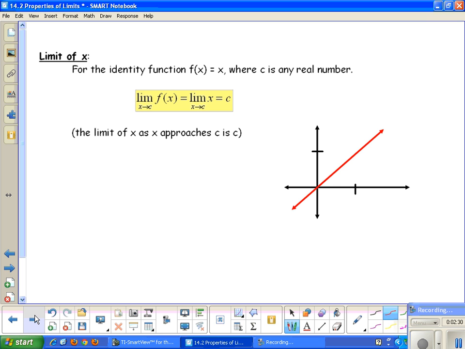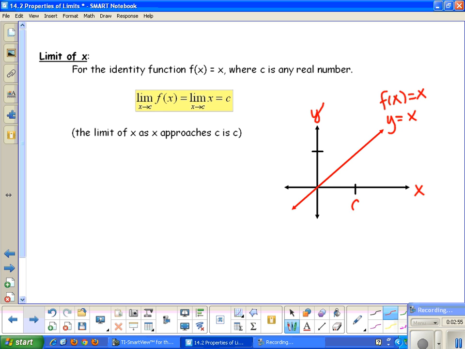Now, the limit of x, which we call the identity function, if you recall from our parent graphs. So this is y equals x, or you could say f of x equals x. This is your x-axis and your y-axis. This says that the limit of the identity function x is going to be equal to whatever value it is that you're trying to find for the limit.